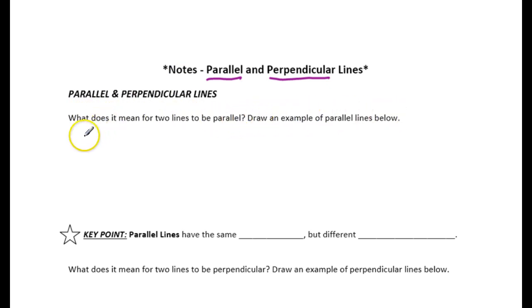Alright, so parallel lines are lines that never touch or intersect. Okay, that's really what it means. There are two lines that will never touch. So for some examples, now the direction of the lines doesn't matter.